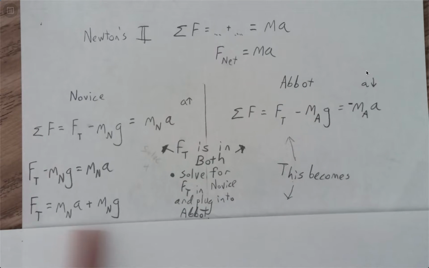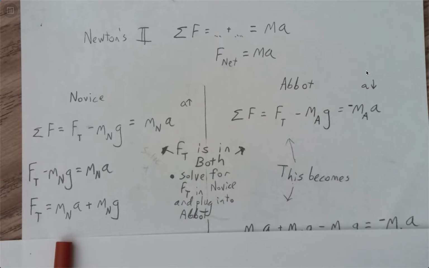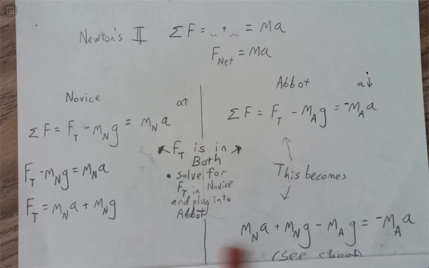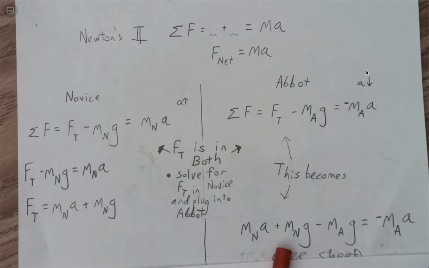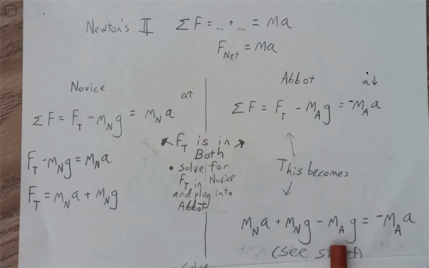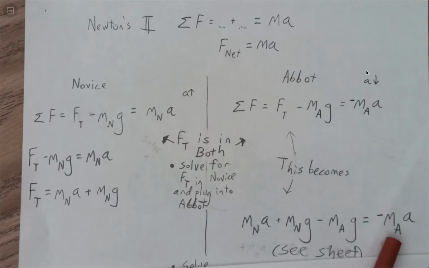So I find that this tension is equal to the mass of the novice times the acceleration plus the mass of the novice times the gravity. That's the weight. Then I can plug in that mass of the novice times acceleration plus the mass of the novice times gravity. That is the force due to tension, minus the mass of the abbot times gravity, equal to negative the mass of the abbot times acceleration.